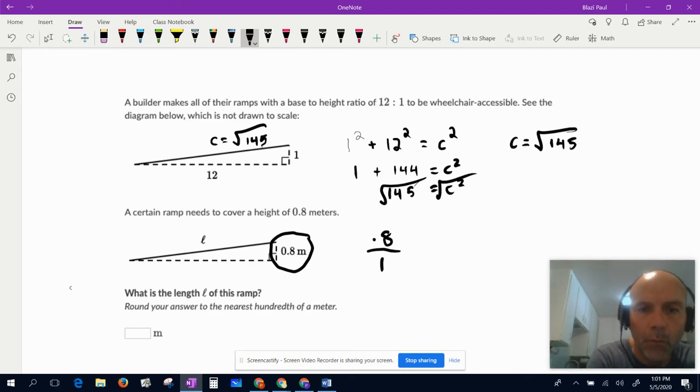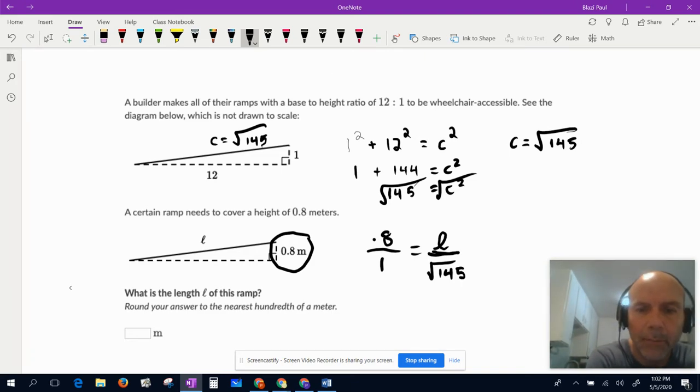It's paired up with the 1. Okay, so equals the L. What side does side L compare to on my upper triangle? It's the square root of 145. Okay, and that's how you set up a ratio.